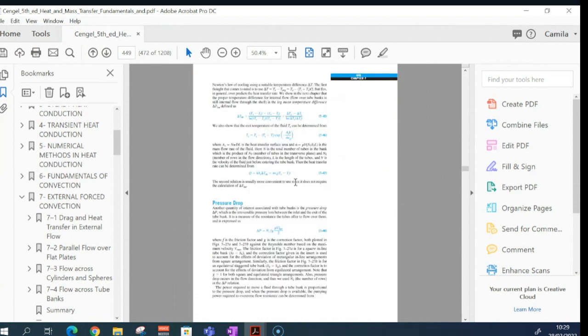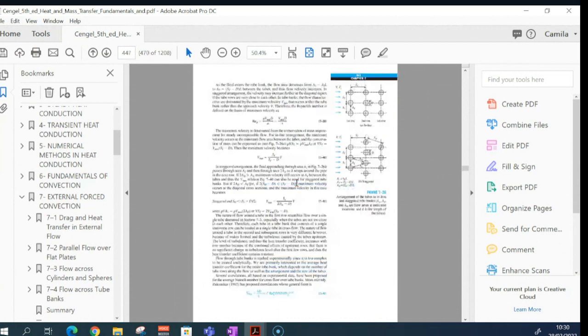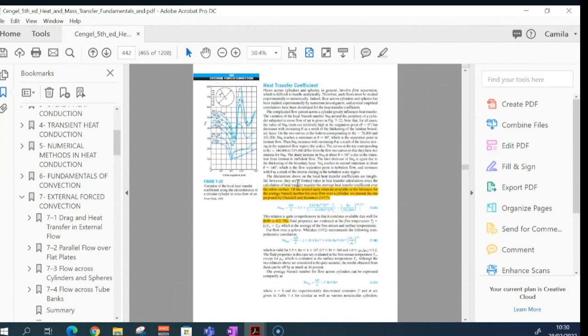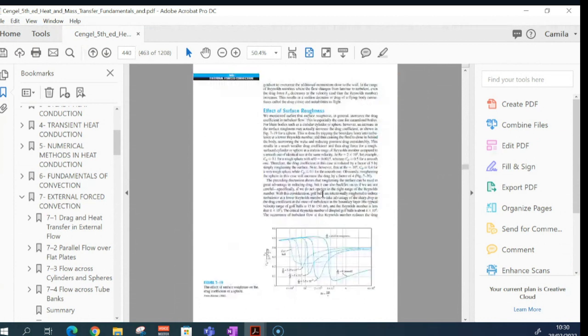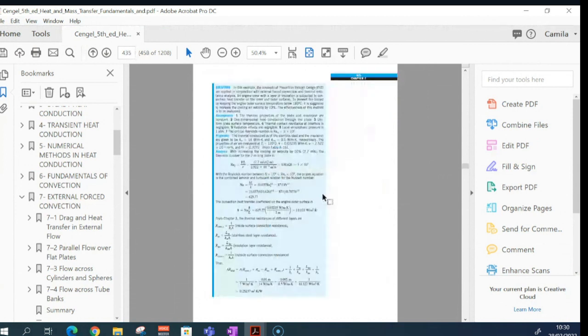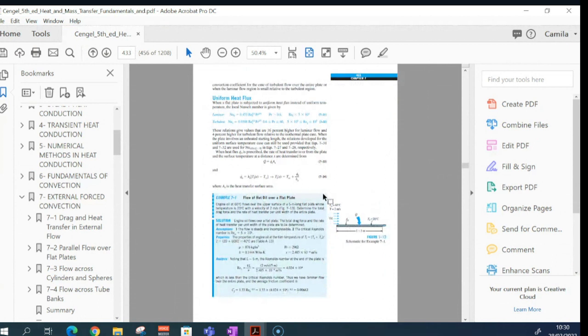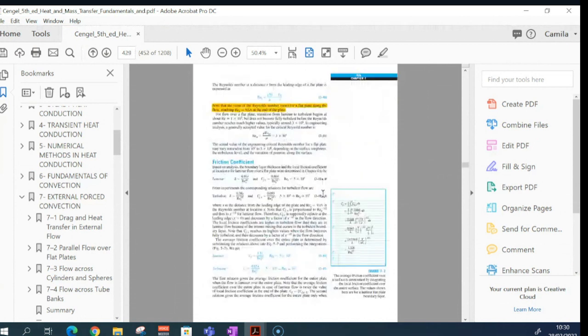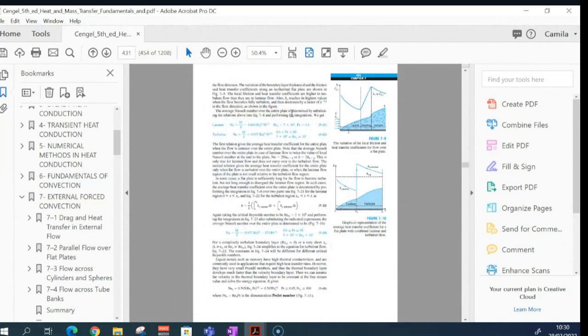Each one of them is going to have a different relationship. The one I'm using is 7.21. That applies to an average Nusselt number for the entire plate, and this relationship applies to laminar flow.